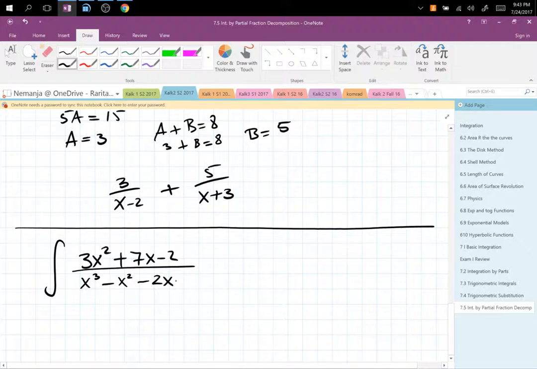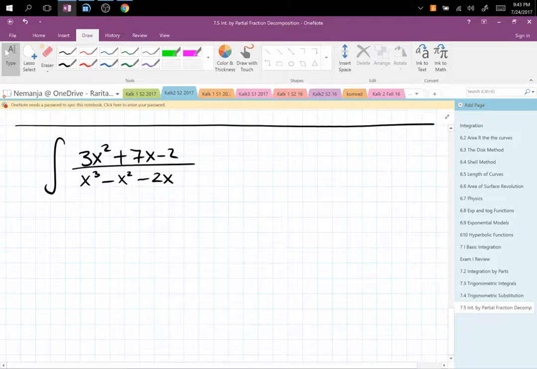Well, the question is, can you factor the denominator now? Where do we start in factoring? How's your algebra? So pull out x first.